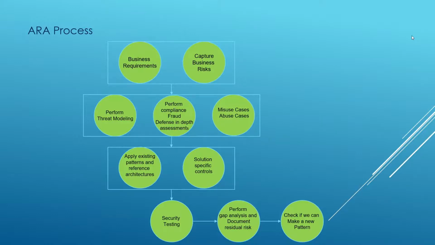So once you perform threat modeling, you will have an understanding of what kind of threats and what kind of controls you may be needing. Sometimes the threat modeling may not capture all the controls you need.